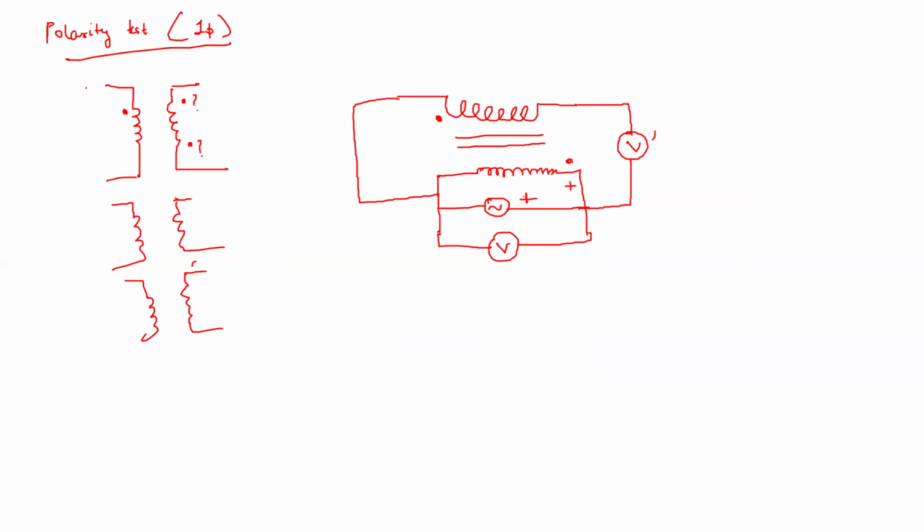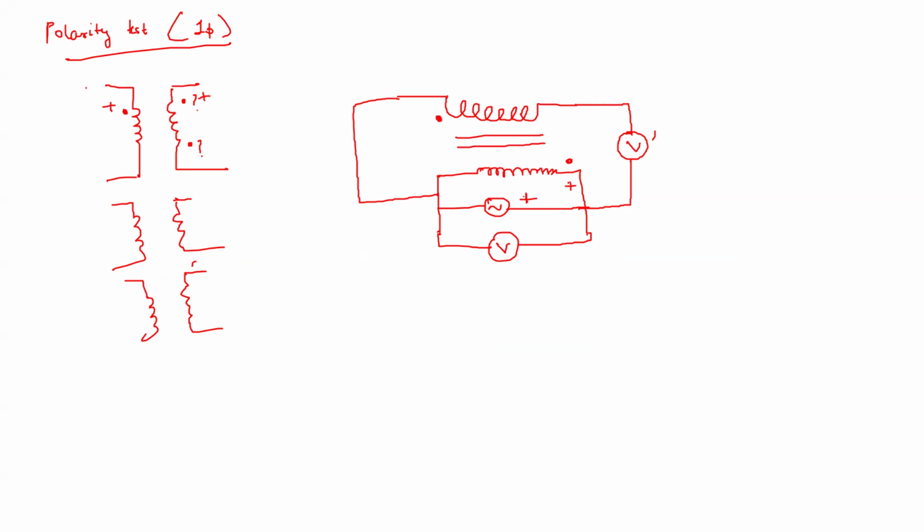If you see the lectures of the professor, he has discussed this in the first week: if on this dot there is a plus, then on the other dot the plus polarity will come up. That is from Lenz's law.